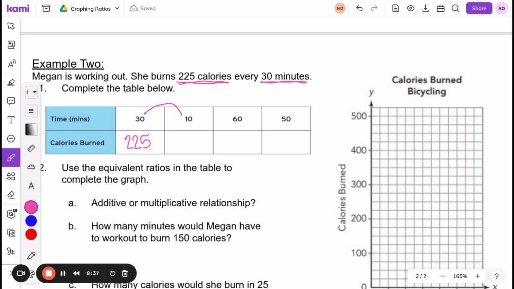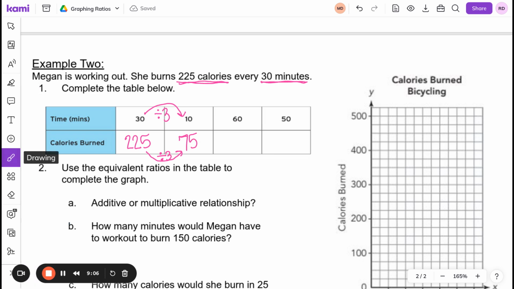To turn a 30 into a 10, we're getting smaller, so we have to divide. And 30 divided by 3 equals 10. Whatever we do to the top, we do to the bottom. So 225 divided by 3 equals 75 calories in 10 minutes.